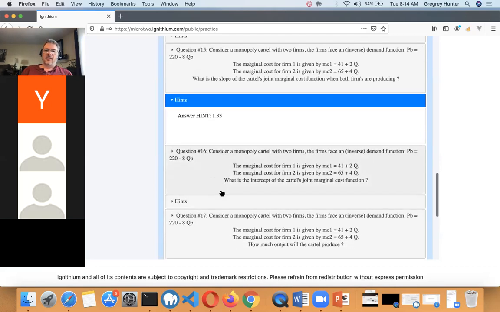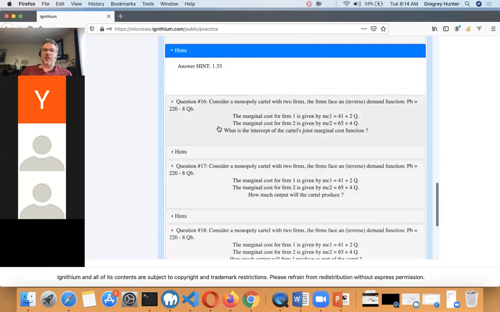But question 16, remember, they're telling us, okay, we know that this is the joint marginal cost function when you're producing using both production units, right? So it's not looking for the intercept of that function, it's looking for the low cost, right?